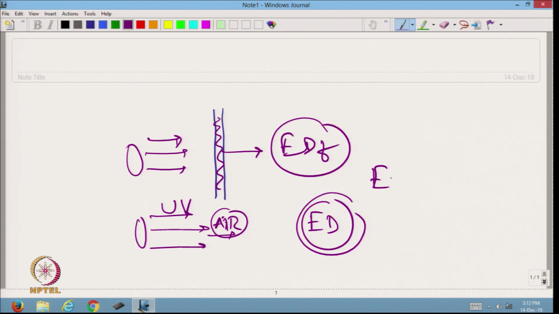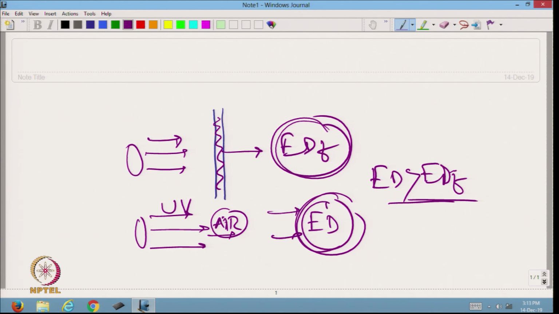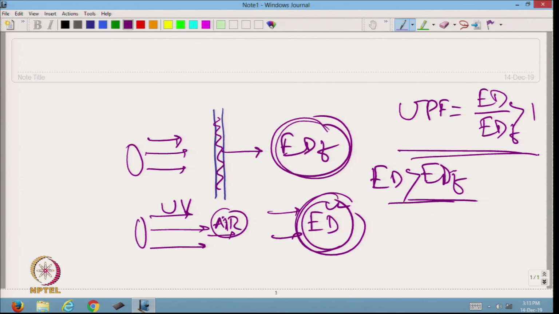and through fabric, fabric will absorb a little bit of UV ray and we will say ED fabric. So, ED is more than ED fabric, that is the energy coming through the fabric. So, here the UV radiation energy is more. So, UPF will be ED by EDF, which is more than 1. That means higher protection, higher absorption by the fabric.